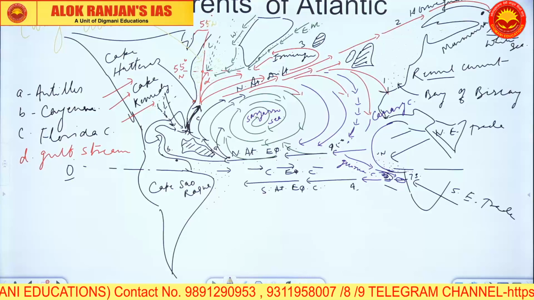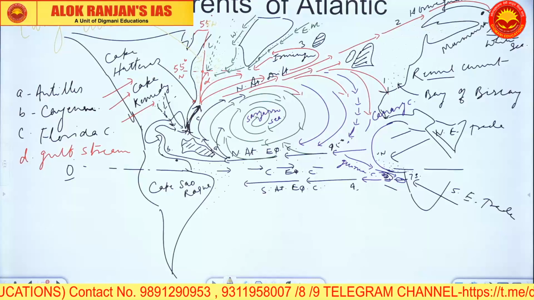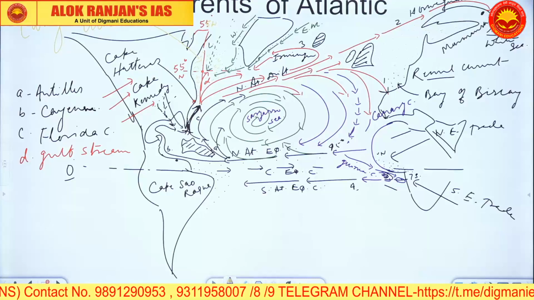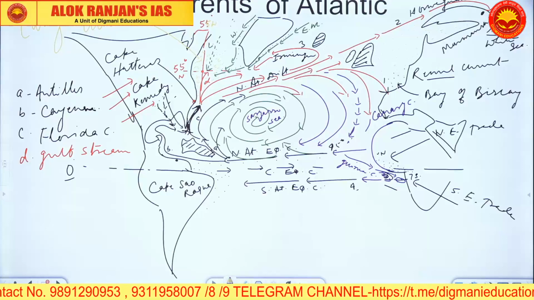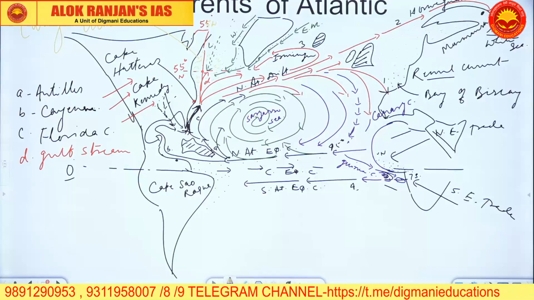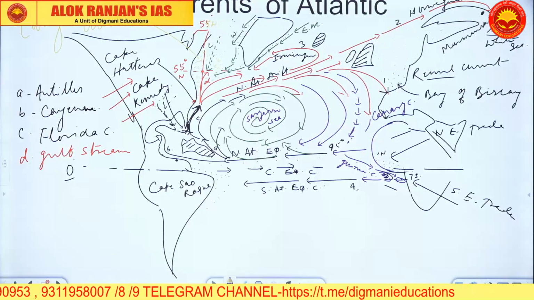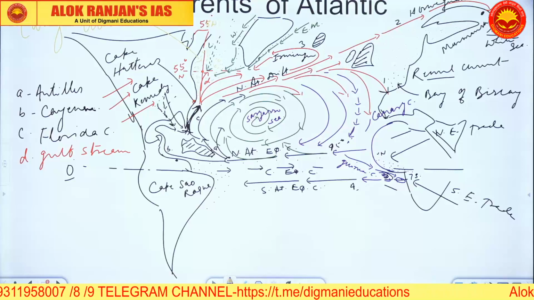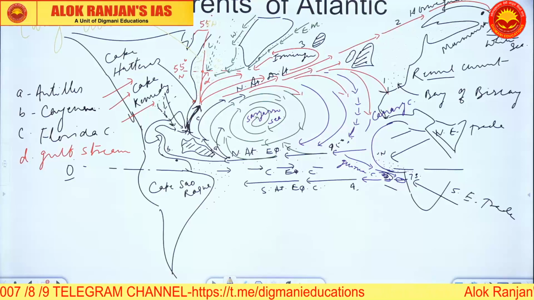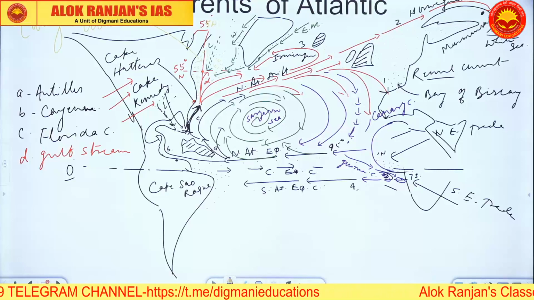I mean, so clearly stated. After 55° west longitude, Gulf Stream will be named as North Atlantic Drift.